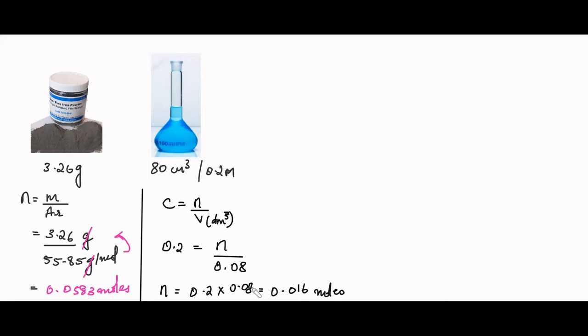So we've got the moles of iron and the moles of copper sulfate. Our next task is to find which is the limiting reagent. To find that, let's take the ratio between these two: iron is to copper sulfate. For this calculation, we need the balanced chemical equation.